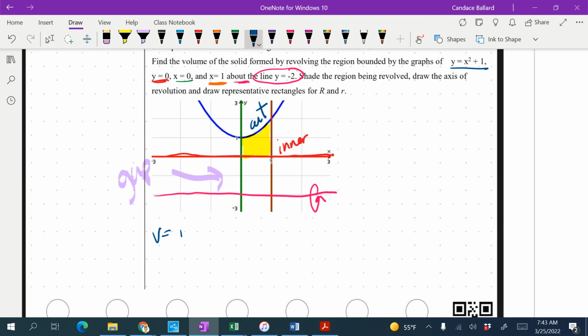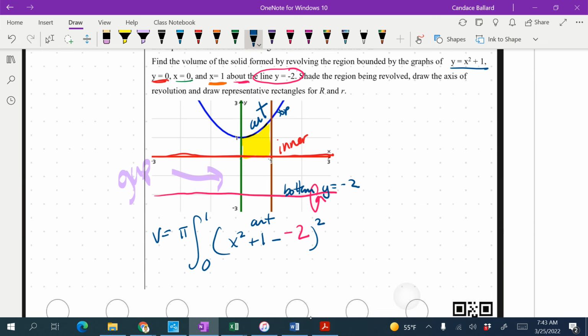Whenever we do a volume of revolution, we know we start with pi. And given the nature of this problem, it looks like we can just read the bounds off the graph. It looks like we're going from 0 to 1 again. My outer function first. So I'm going to go outer squared, and then I know it's top minus bottom. Remember, your top is the blue, and your bottom is going to be the axis of rotation, which was y equals -2. So top is x squared plus 1 minus the bottom, which is -2.